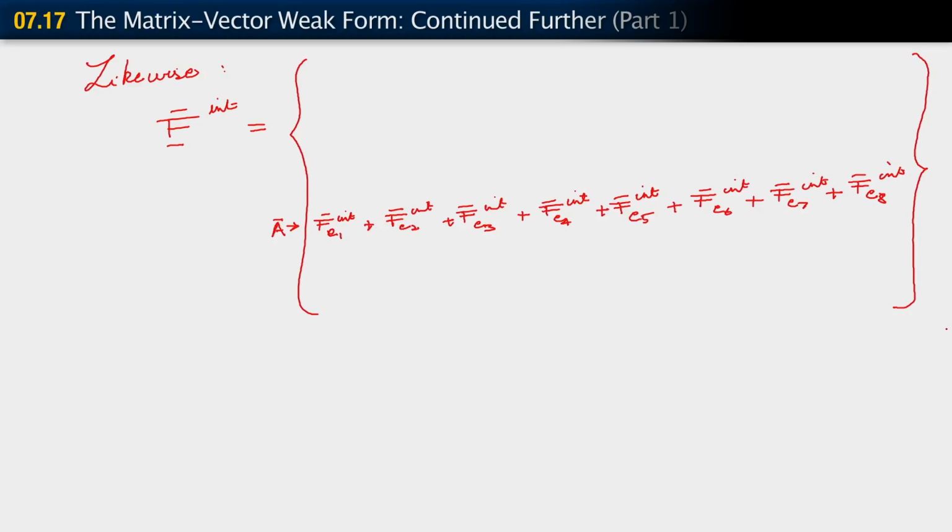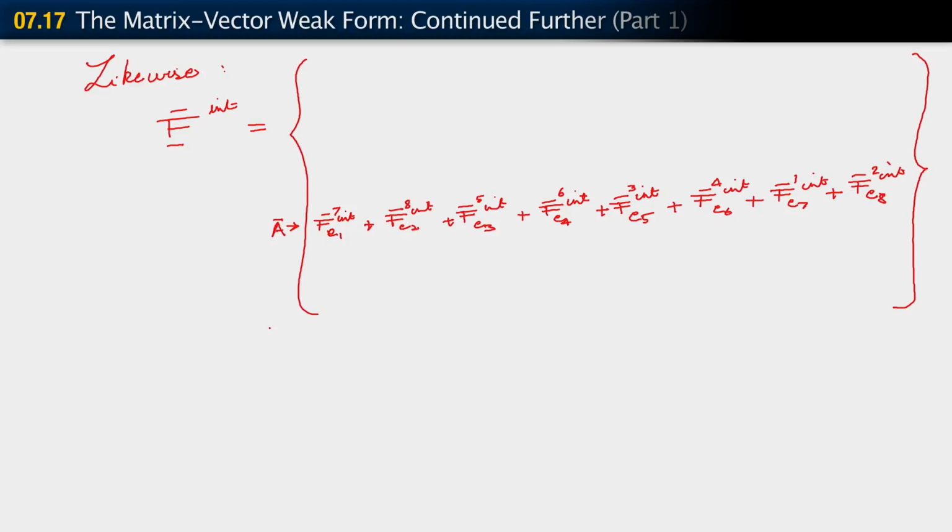Now this is fairly straightforward. For element E1, we know that the global Ā degree of freedom corresponded to the 7th local degree of freedom. For E2, it was the 8th. For E3, the 5th. For E4, the 6th. E5, 3rd. E6, 4th. E7, 1st. And E8, 2nd. So that's how things would add up.